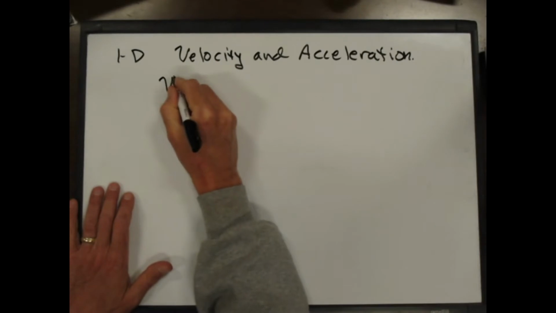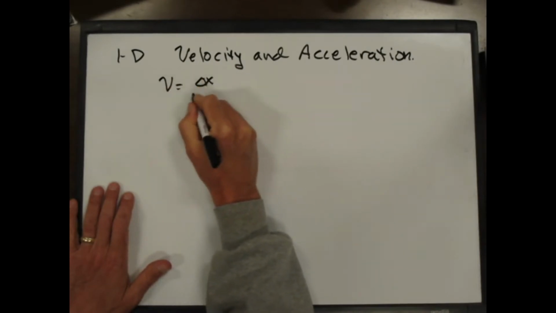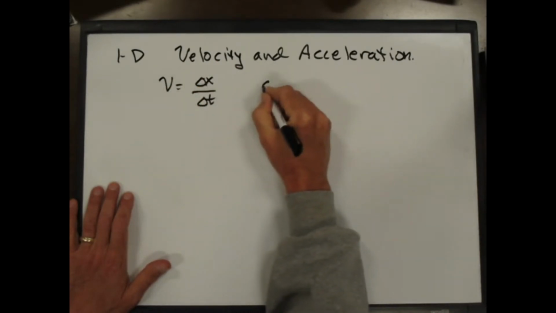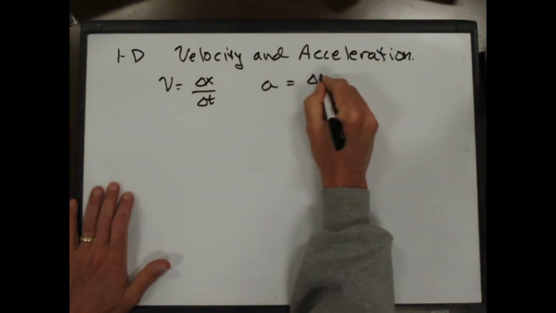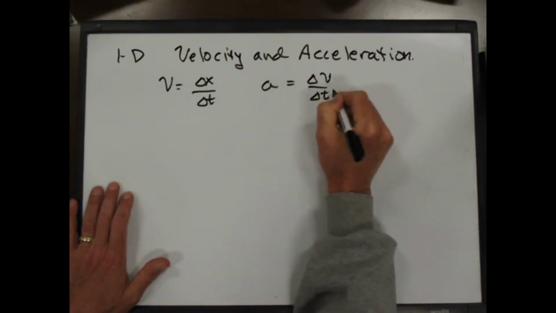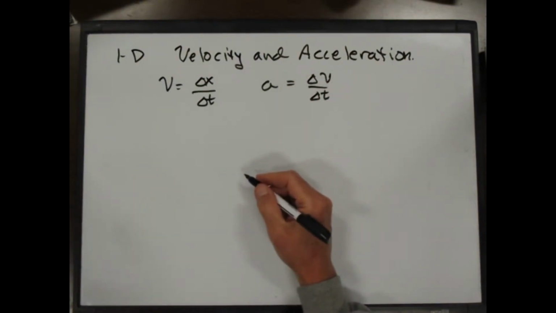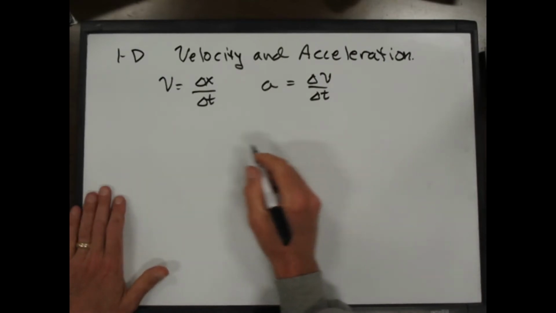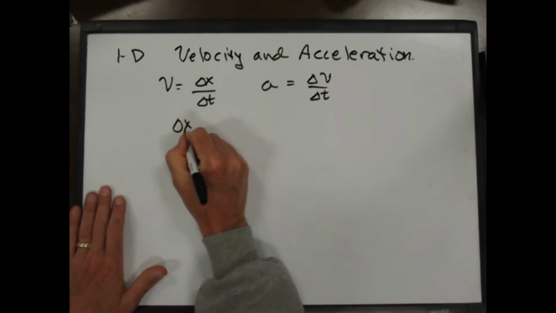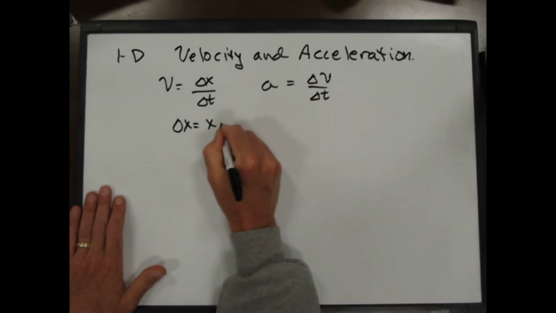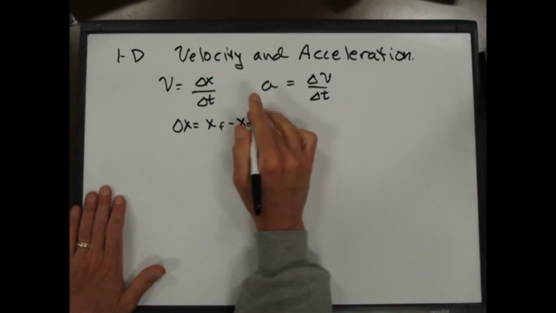Once again, we said the velocity is the change in position over the change in time, and the acceleration is the change in velocity over the change in time. We can do a little notational work here, and we can say delta x is equal to x final minus x initial.